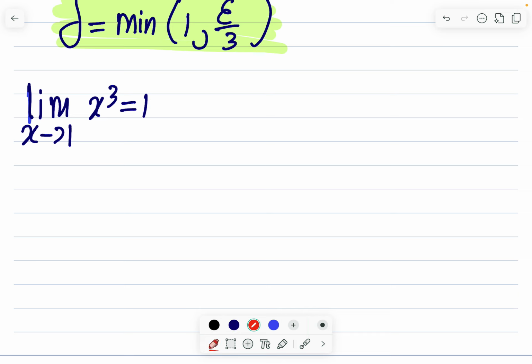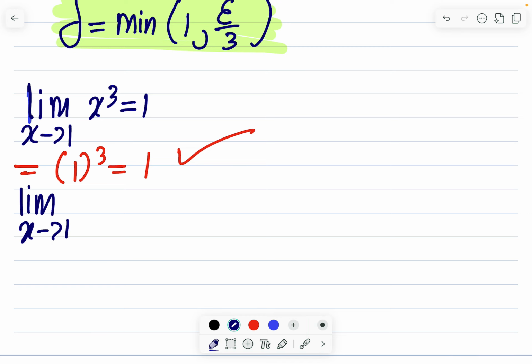First things first, you have to confirm that thing is true, right? So it means you're going to have what? 1 cubed equals 1. This is your 1 mark, right? Therefore, you say the limit as x approaches 1 of x cubed equals 1.